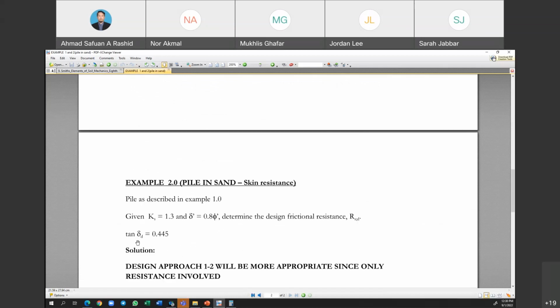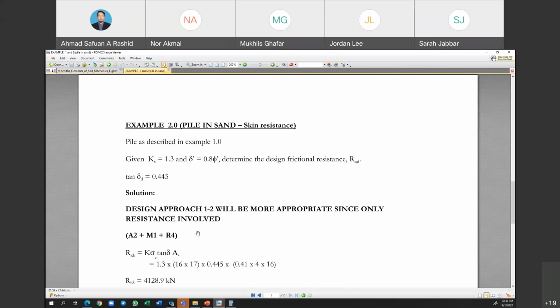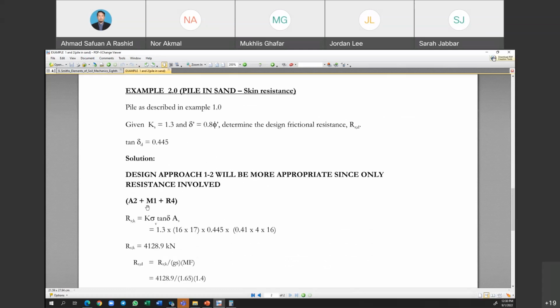So then tan delta d is equal to 0.445. So design approach 1 or 2 will be more appropriate since only resistance involved. So A2, M1, and R4.